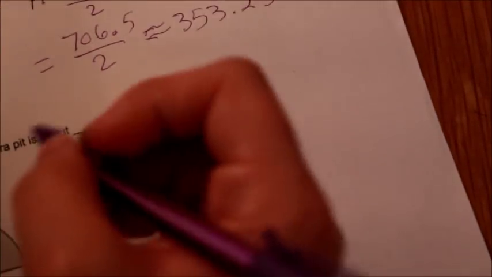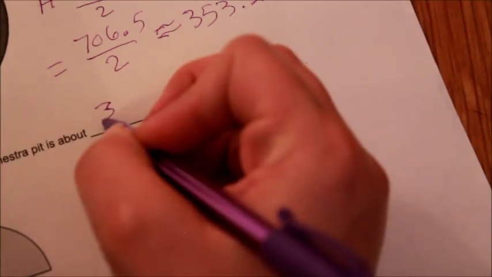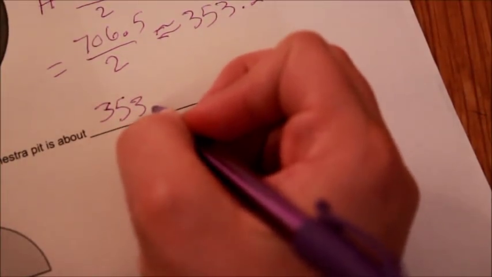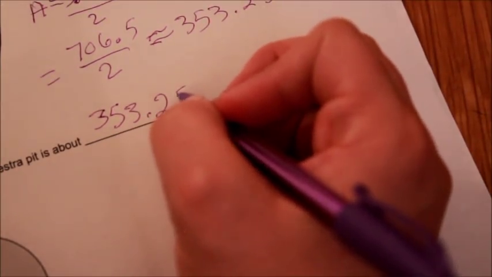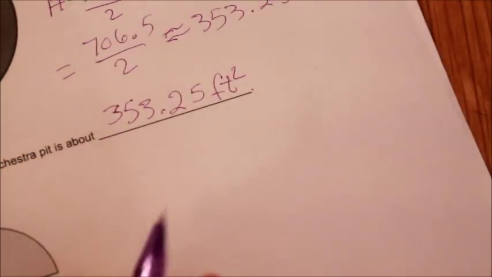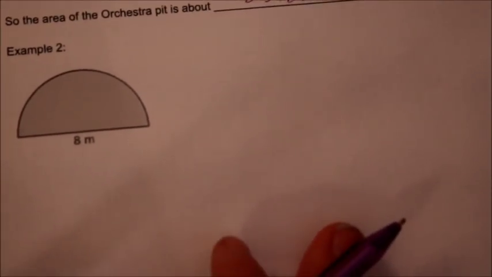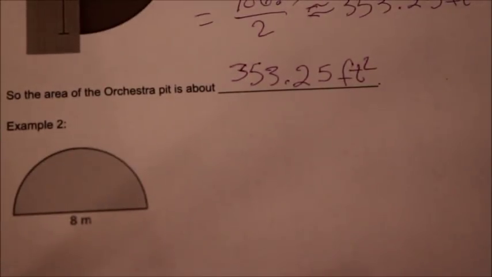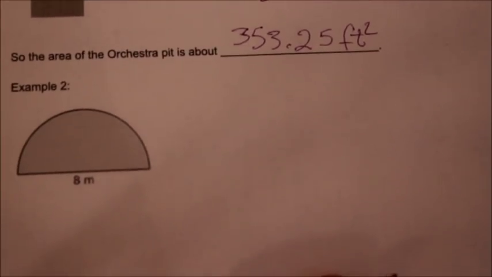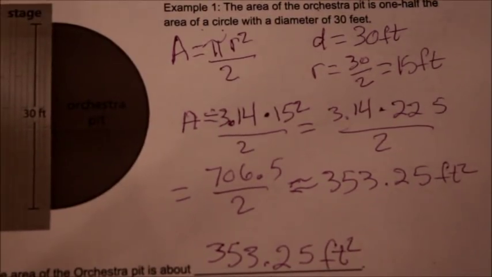So the area of the orchestra pit is about 353 and 1/4, or 0.25, feet squared. So it's still area, so we still have to do our answer squared. So that's what you should have for the entire problem.